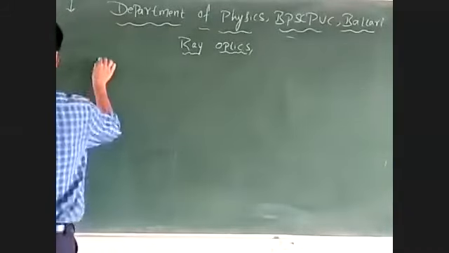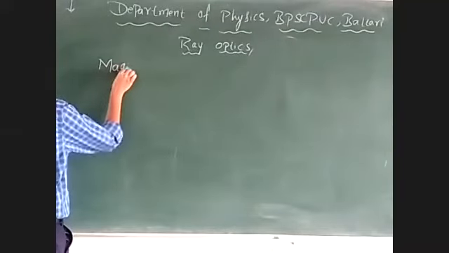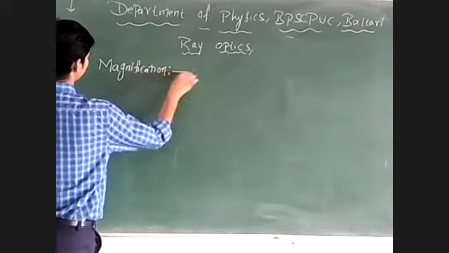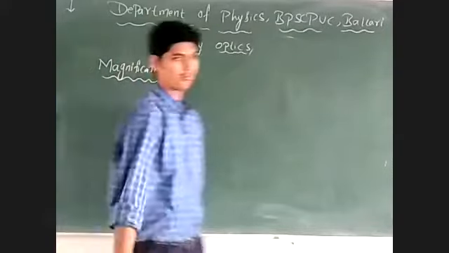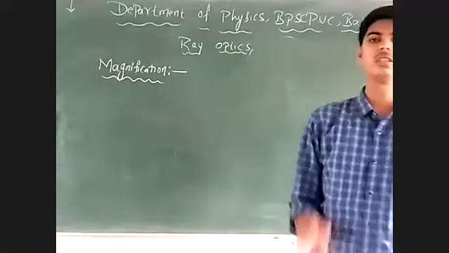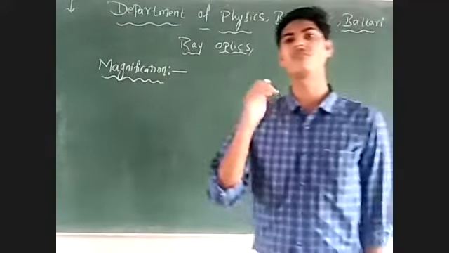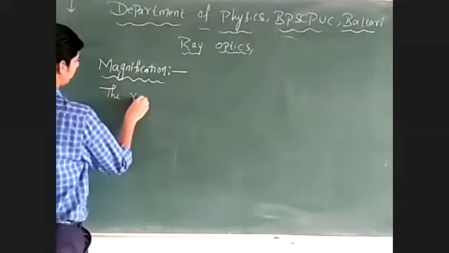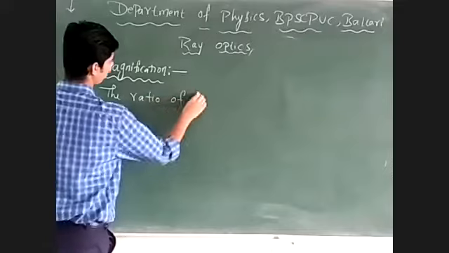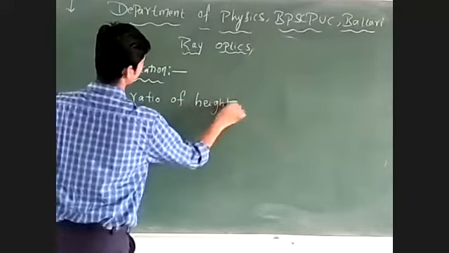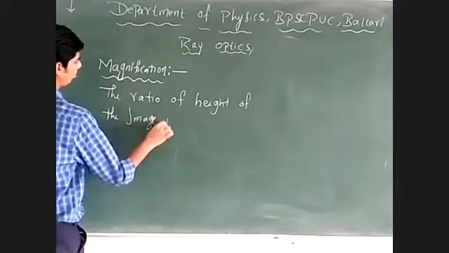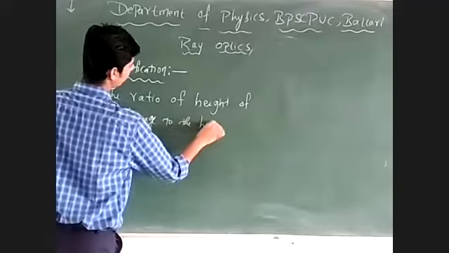We'll now try to understand the idea of magnification. See, magnification is defined as the ratio of height of the image to the height of the object.